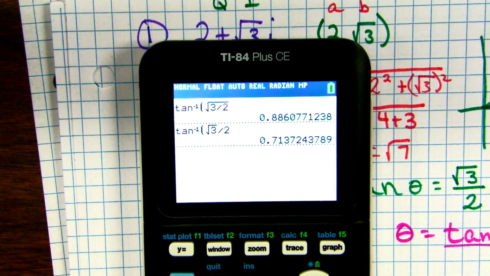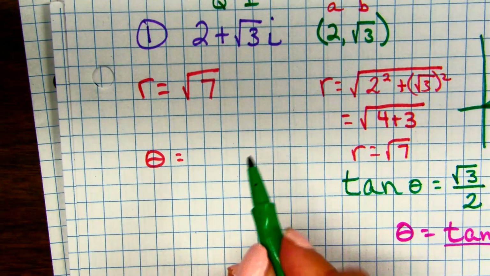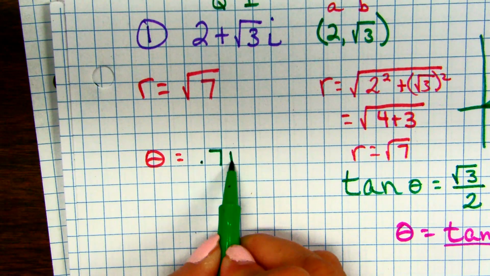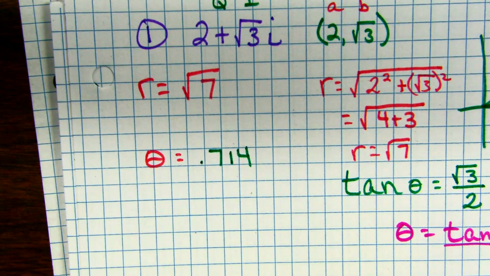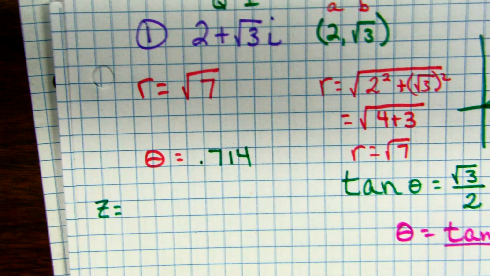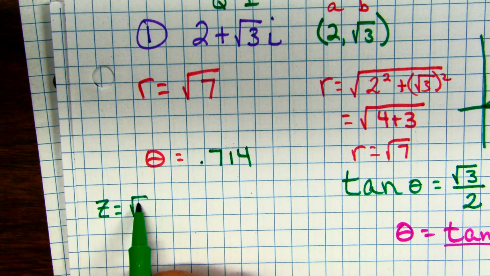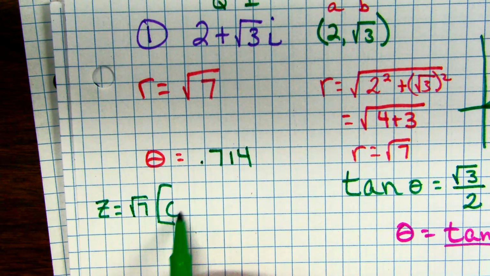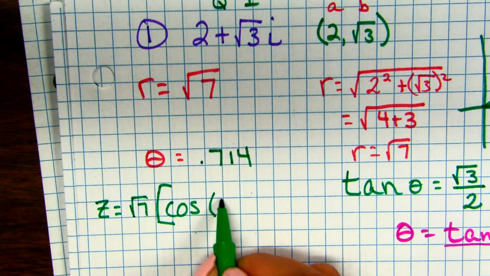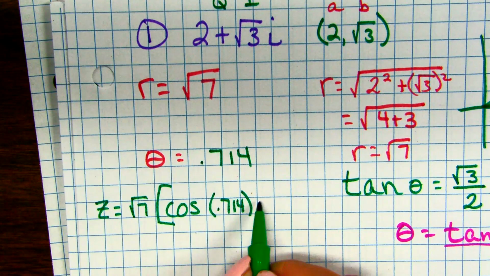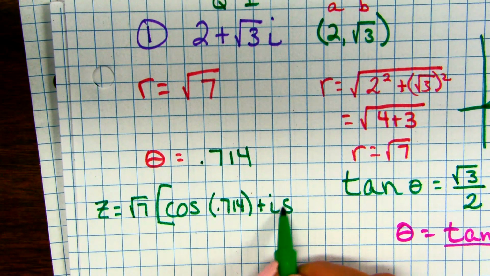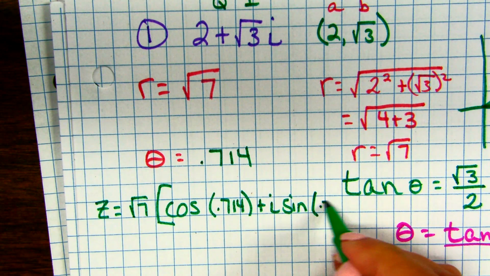We always round to 3 places, so theta would be 0.714. Now we have everything we need to write our answer in polar form. r cosine of my theta plus i sine of my theta.